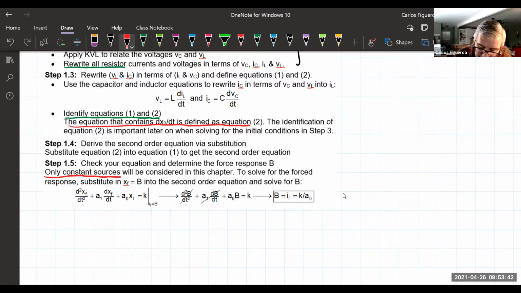So that immediately tells me what the steady state value is, that it should be related to that K divided by my A naught coefficient. So that's a very simple way of looking at that.